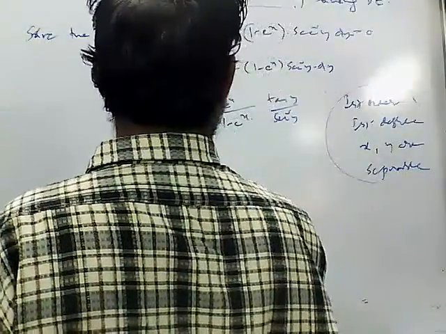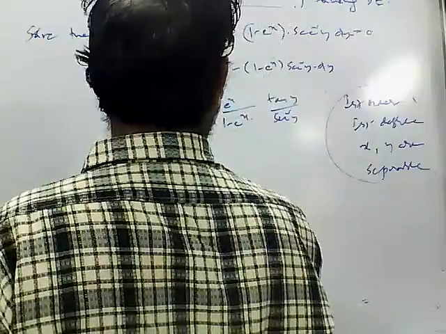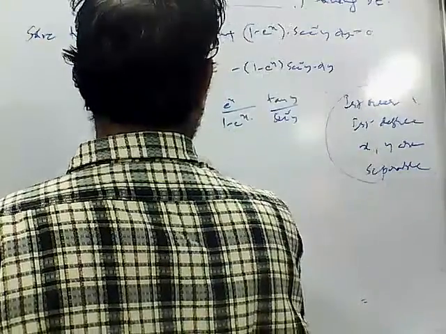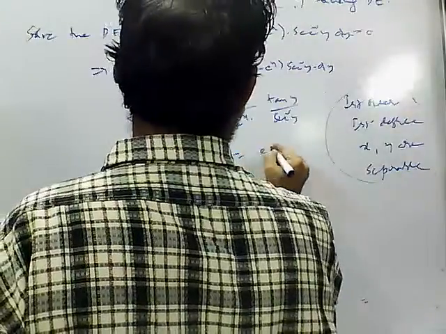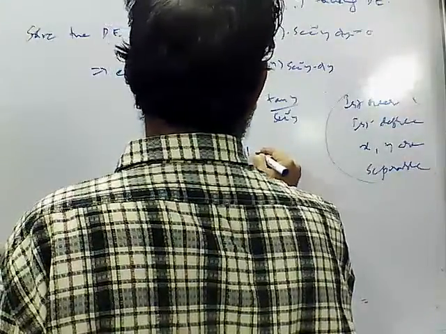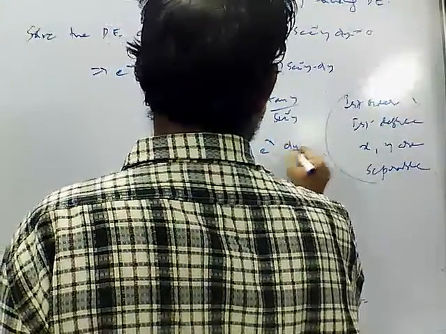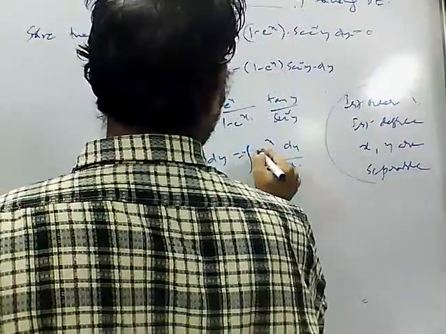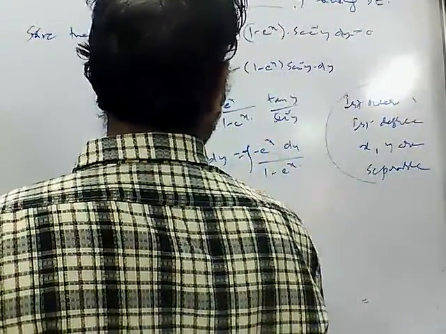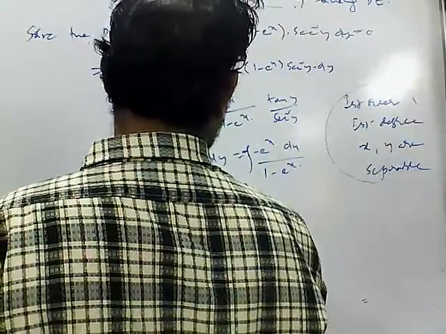So tan y by secant square y dy is equal to e power x dx by 1 minus e power x. So minus e multiply. That implies log mod tan y is equal to log mod 1 minus e power x plus c.